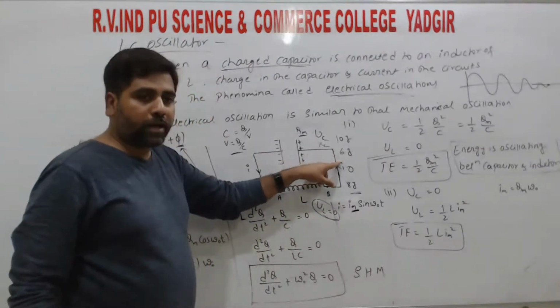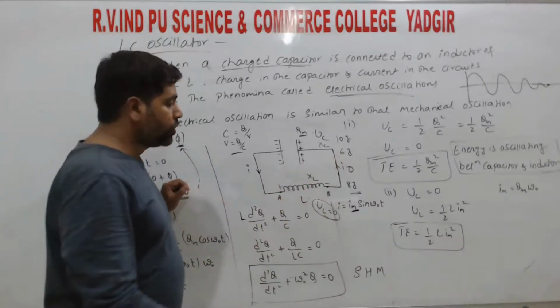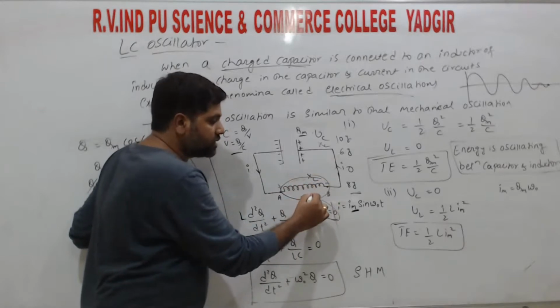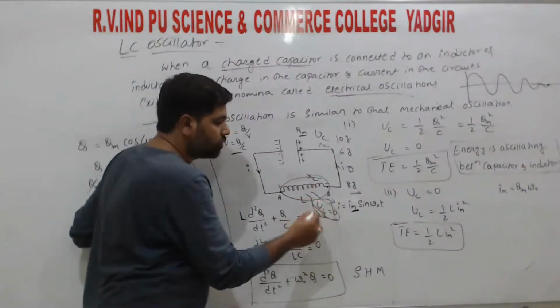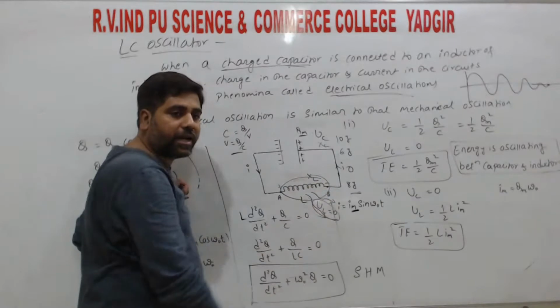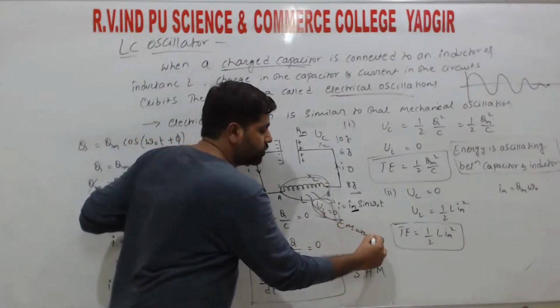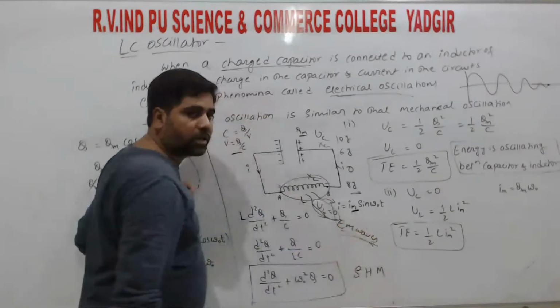So this is one case, and in the second case, as the energy is transferring, some of the energy is radiating outside. So the energy radiates in the form of electromagnetic waves. We will discuss that when that chapter comes.